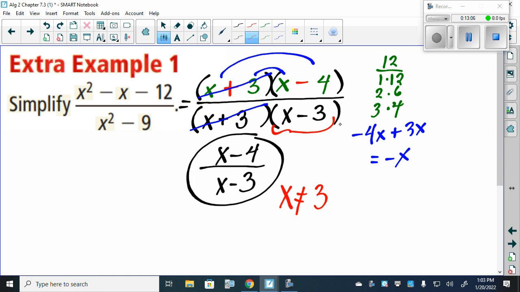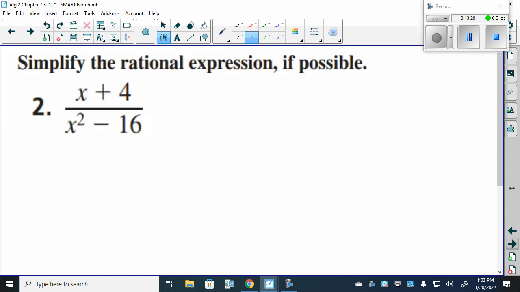And it can't be negative 3, because that would make x plus 3 0. Questions on this here? All right. If you're good with that there, we'll look at the next one.